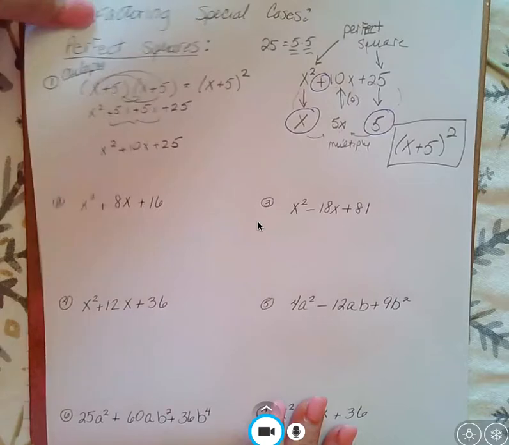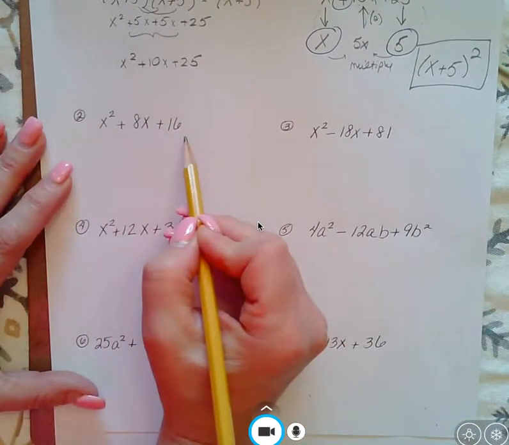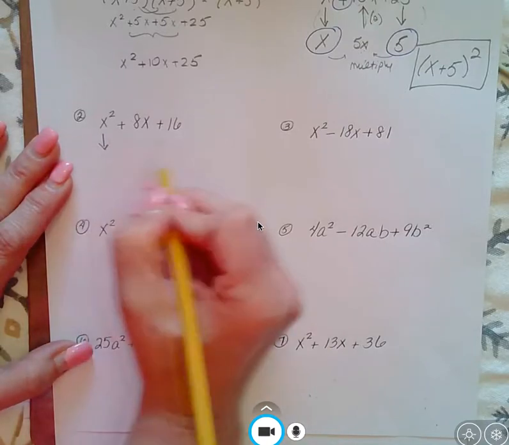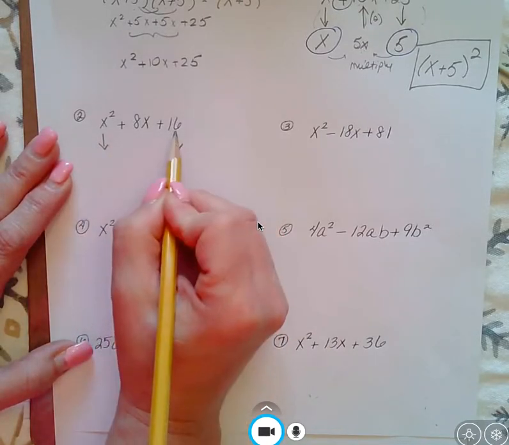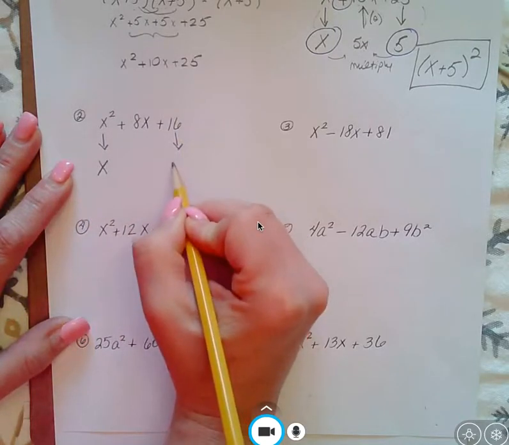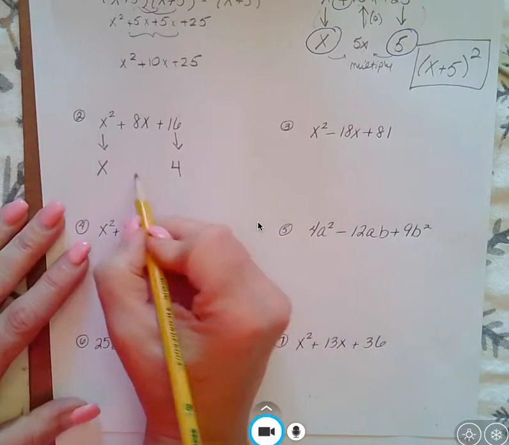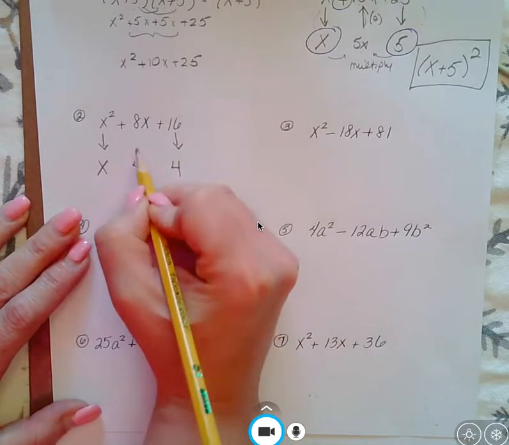Let's try again. I know the first couple times were a little iffy. So here's a trinomial. Take your first and last terms that are perfect squares, and take the square root: x and 4. Multiply them times each other, 4x.